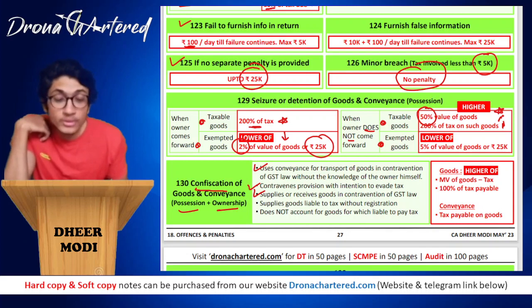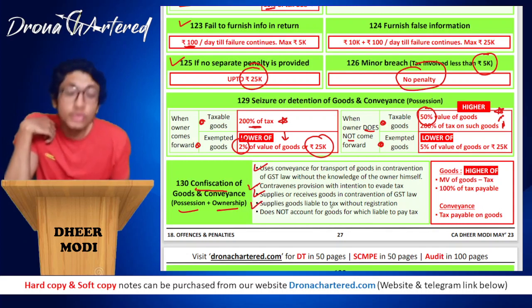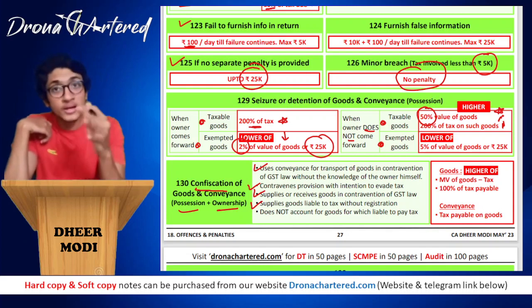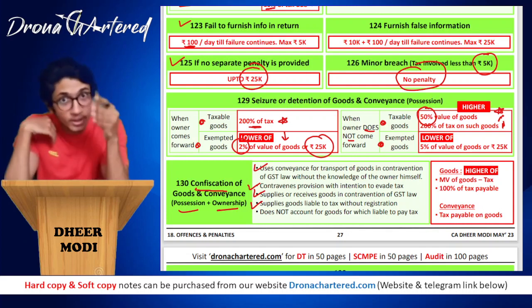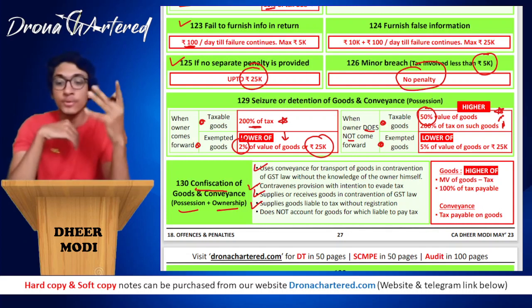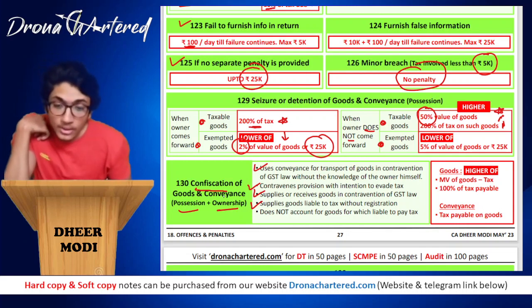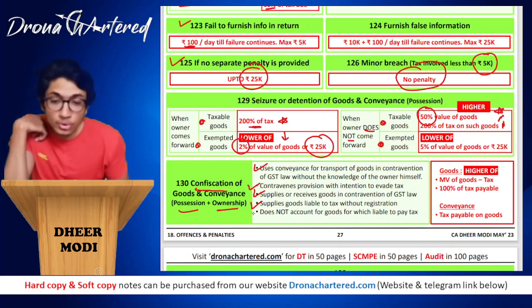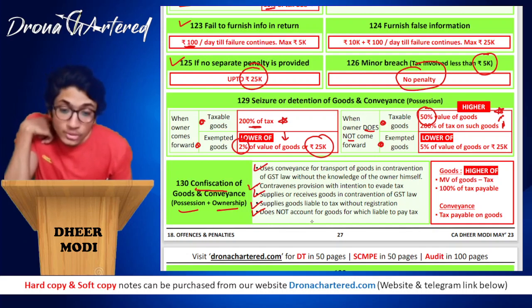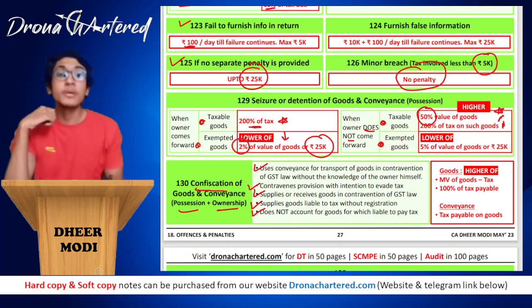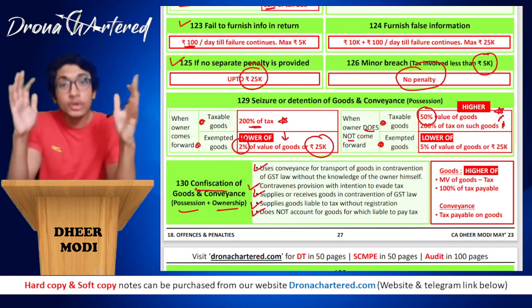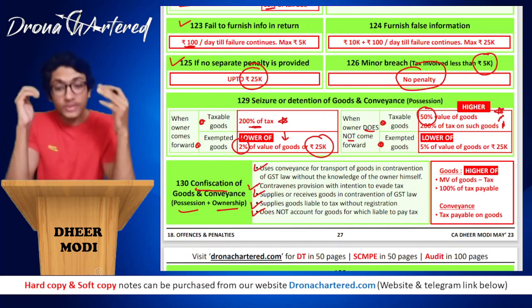Supplies or receives goods in contravention of GST law. Supplies goods liable to tax without registration. If the goods that you are supplying need registration, but you have not registered, you will come under section 130 and your goods will be confiscated. Does not account for goods for which liable to pay tax. That means you are not showing it in your return as well. So therefore these goods can be confiscated.